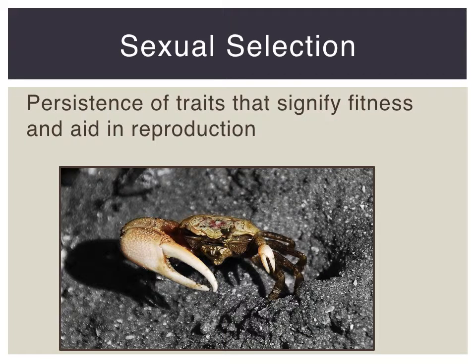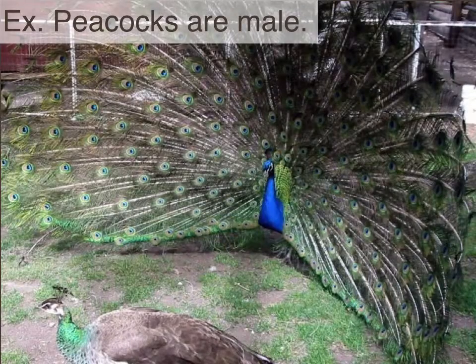Sexual selection is another example. This is the persistence of traits that signify fitness and aid in reproduction, even if, and most often this is the case with sexual selection, the traits themselves might not actually mean that that individual is more likely to survive. So you've got the difference in claw size here. You've got peacocks.